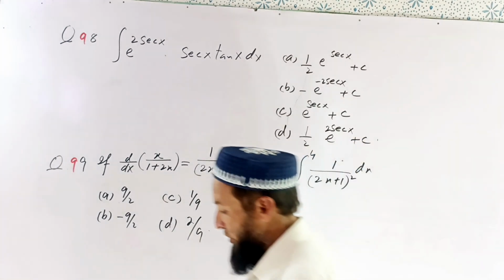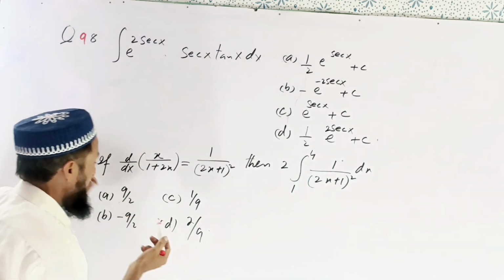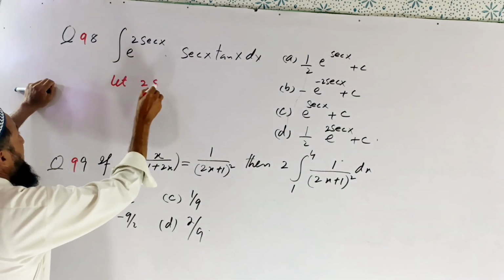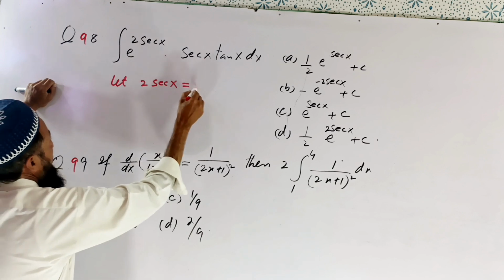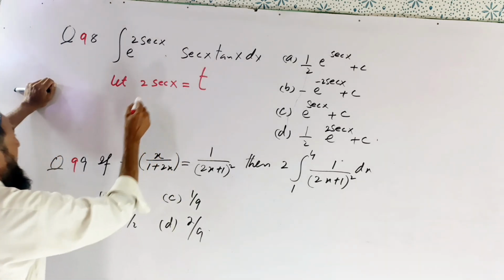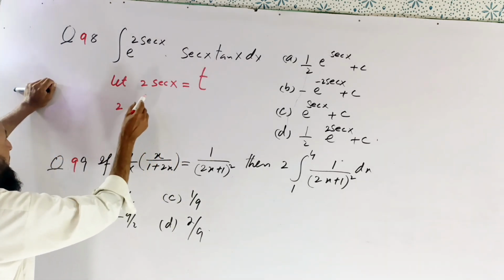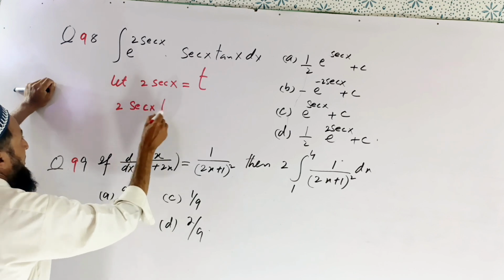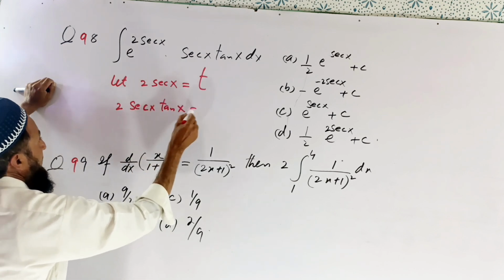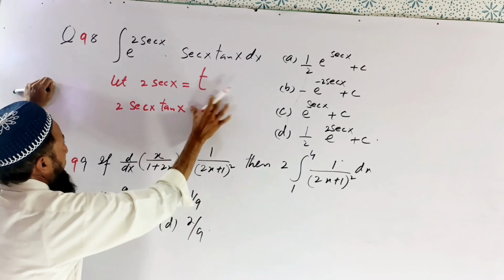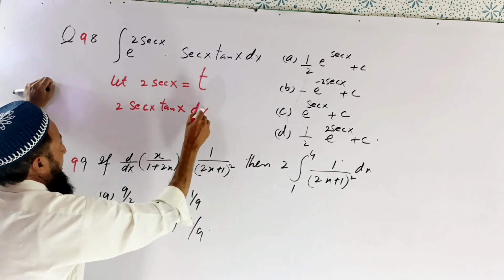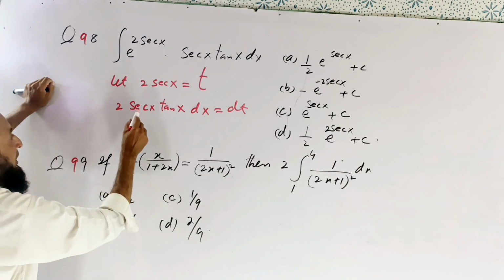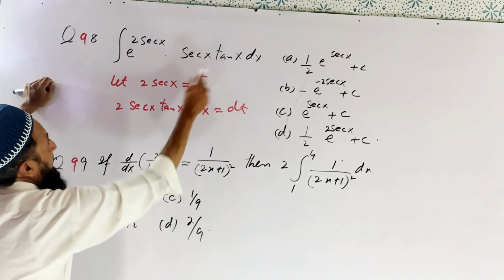Let's suppose 2 secant x is equal to t, and differentiating with respect to x, dt is 2 secant x tangent x dx. So here secant x tangent x dx is available.